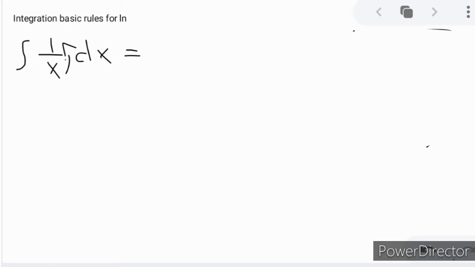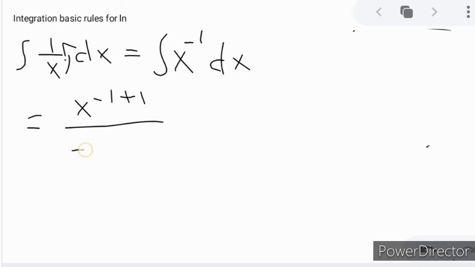Based on the law of exponents, we can write it as x raised to negative 1. Therefore, the value of n here is negative 1. So we have x raised to negative 1 plus 1 over negative 1 plus 1.